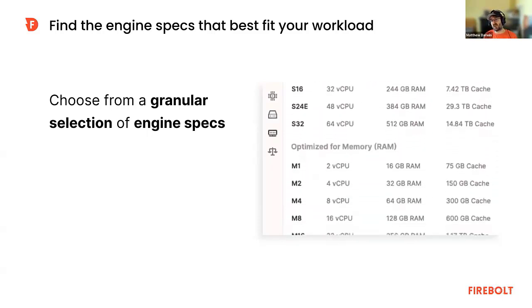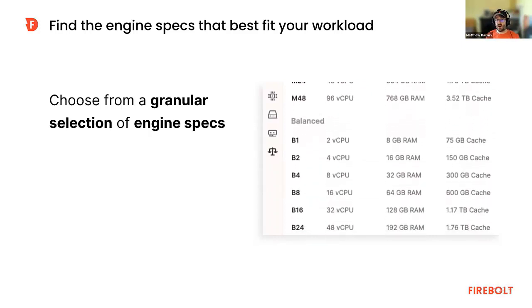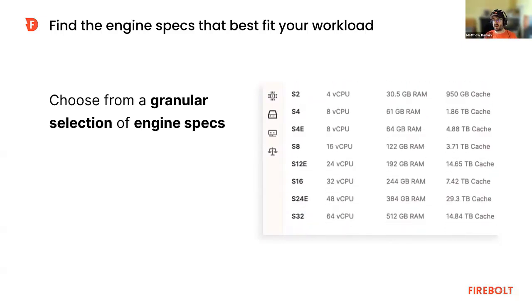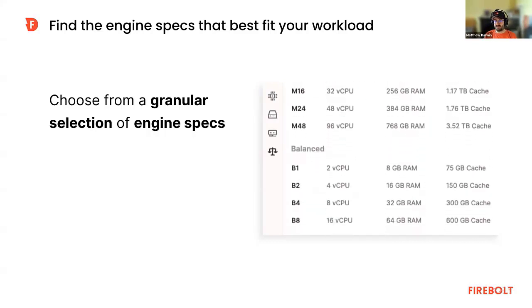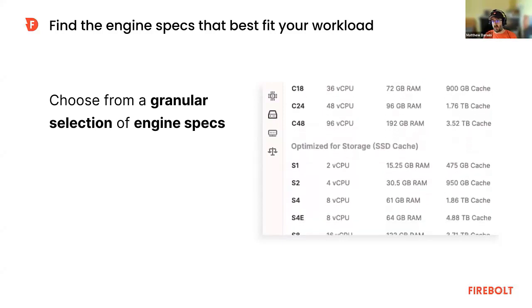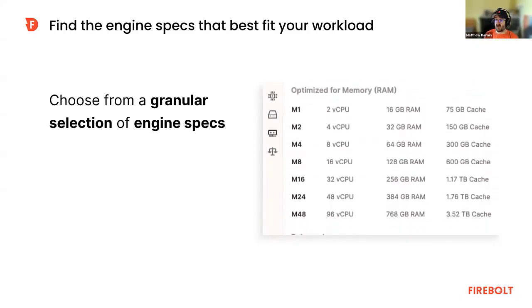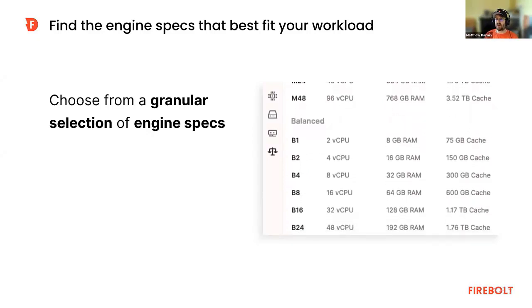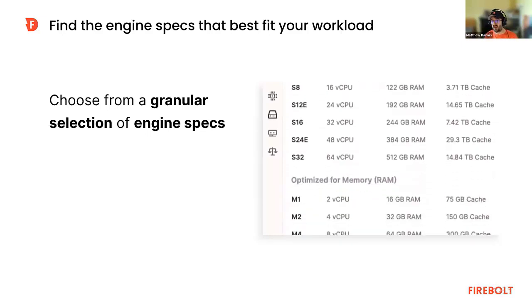What this means is when you need to scale an engine for a particular reason, say I have particularly RAM intensive queries and I'm doing a lot of windowed functions or something like that, where the result set is loaded into RAM and then processed, rather than having to double up my infrastructure, I can switch to a memory optimized engine in the same pricing tier, and that will double or quadruple my RAM depending on which kind of engine you're going from. But it doesn't double or quadruple in price. So you have the flexibility to choose the engine type that you have.